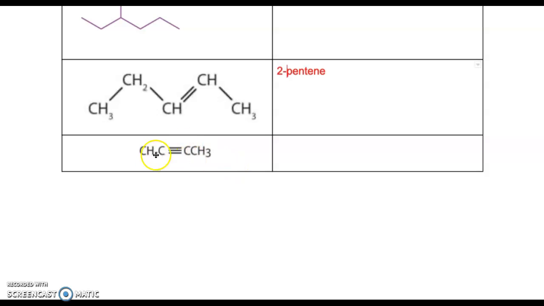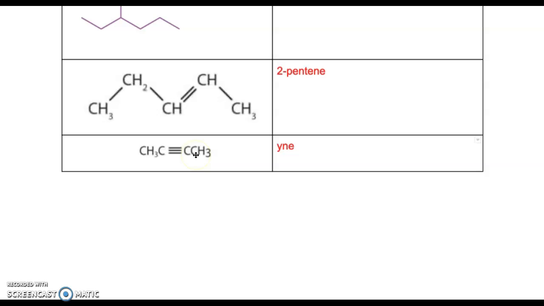And the last one is easy as well, but over here we have a triple bond. What is the triple bond? It has the suffix "-yne" because it's part of an alkyne. Let's count how many carbons we have. 1, 2, 3, 4. And as you can see, no matter which way you go, it will be the same.